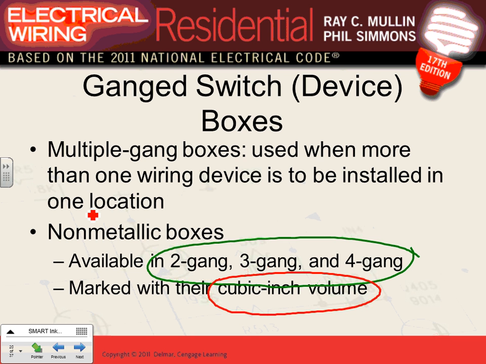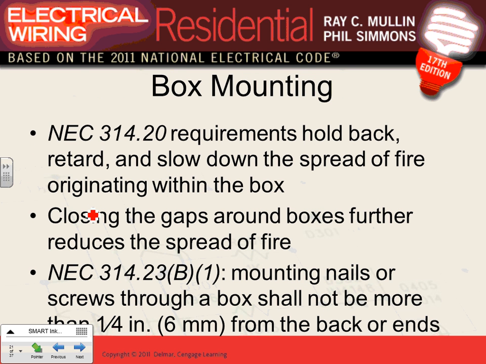They tell you 3 of this, 2 of this, 1 of that, a mixture of all of the above inside the box. We have tables that we do the calculation from. Any comment, guys, about gang switches and boxes for dwellings? We'll talk about non-dwellings as we move on. This is for your dwelling.